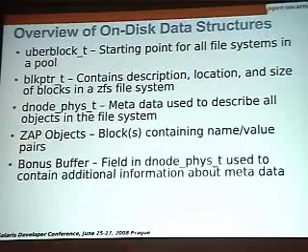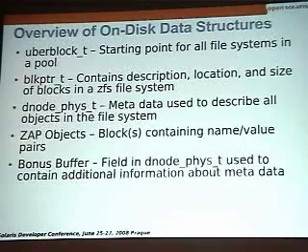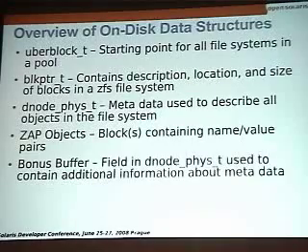Also in the dnode is something called a bonus buffer, and not all dnodes use the bonus buffer. Maybe the main piece of information you can get in a bonus buffer is something called a znode. And the znode is basically attributes about a file. So size, timestamps, the stuff you would see with ls -l.